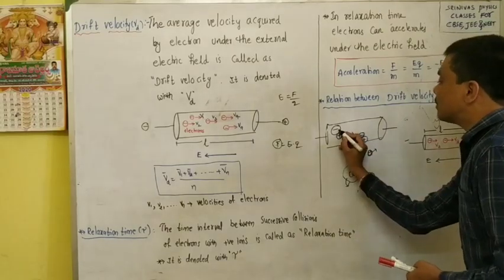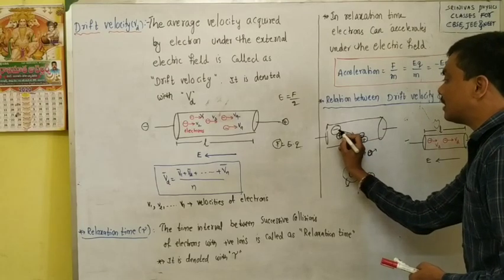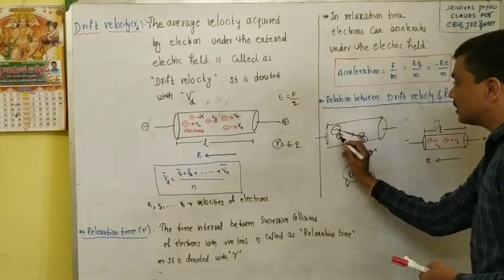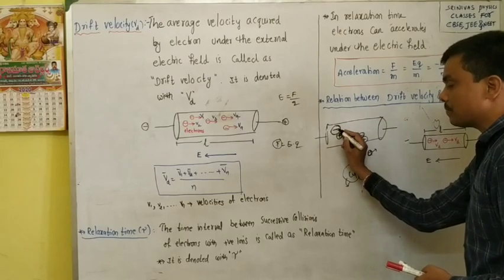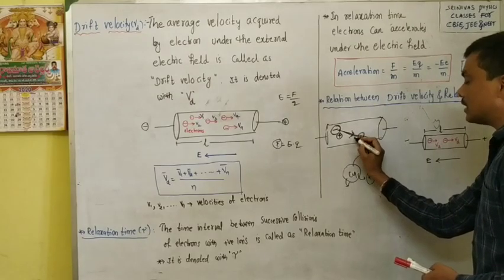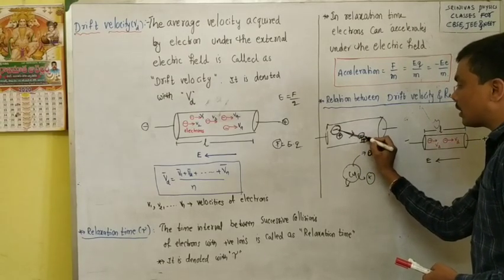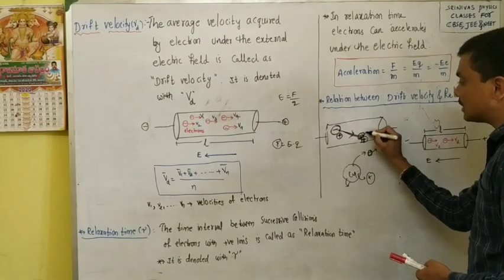What happened in between these two positions? In between these two positions, the electron traveled without any collision. The electron collided with one positive ion here, and then moves like this, and after coming to this point, it again collides with another positive ion. Now the direction is changed.